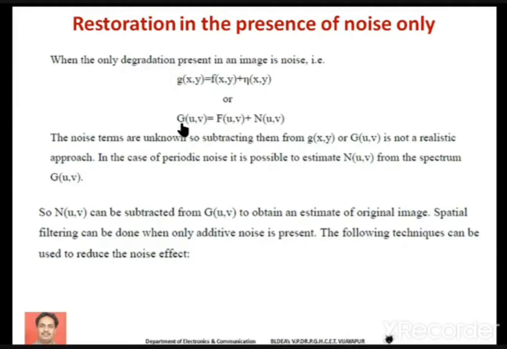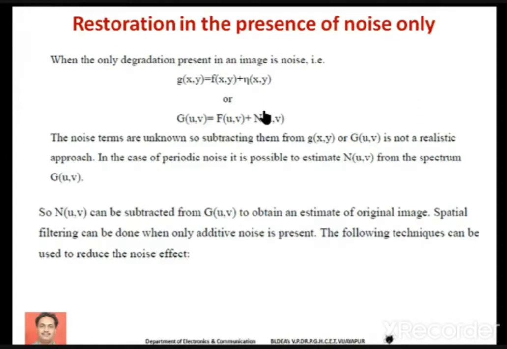And here we have the Fourier transform of this equation. It can be written as capital G of u comma v equal to capital F of u comma v plus capital N of u comma v. Here we are discussing how to carry out the restoration process only in the presence of this additive noise capital N of u comma v.